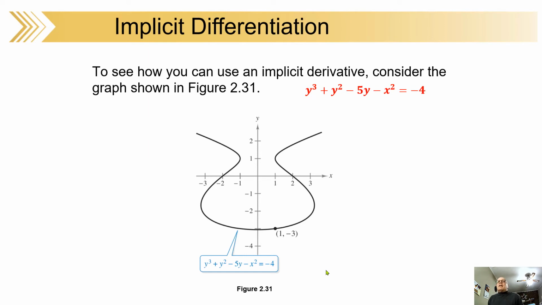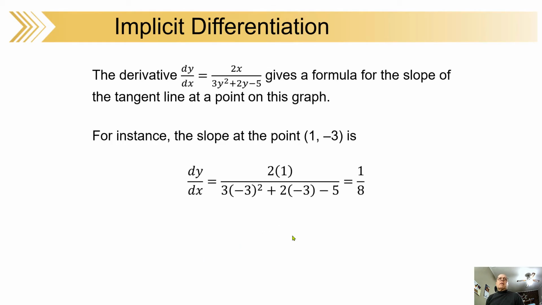Here's a graph of that relation. It's not a function, it's a relation. Notice that (1, -3) is one of the points on that particular curve. So the derivative tells you the slope of the tangent line at any point on the graph.